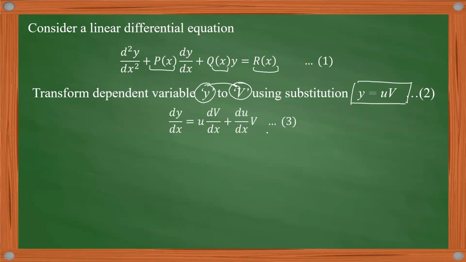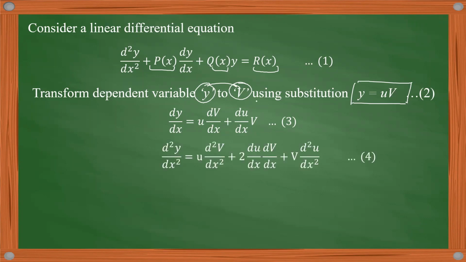In the next step, just differentiate y with respect to x by the product method. So u will be constant with differentiation of v, then v will be constant with differentiation of u. This is our equation number 3. Now again we need to differentiate this because we want two values actually.